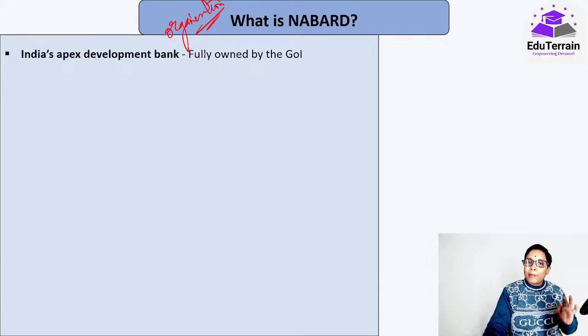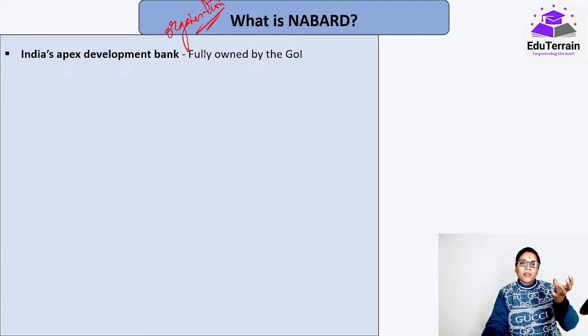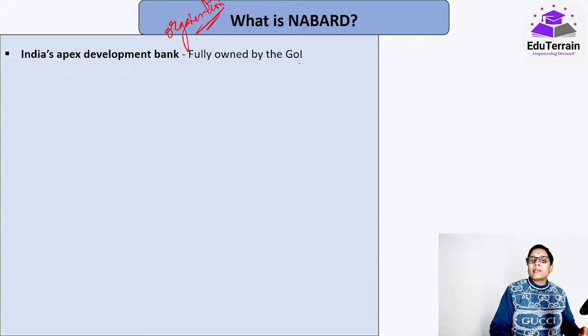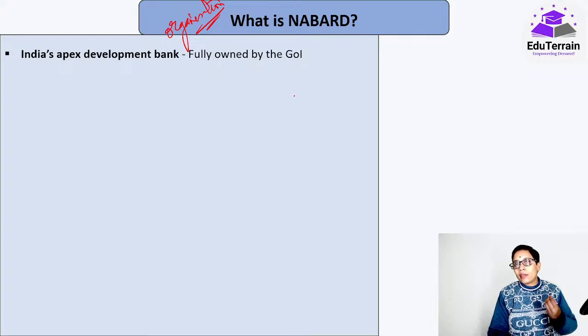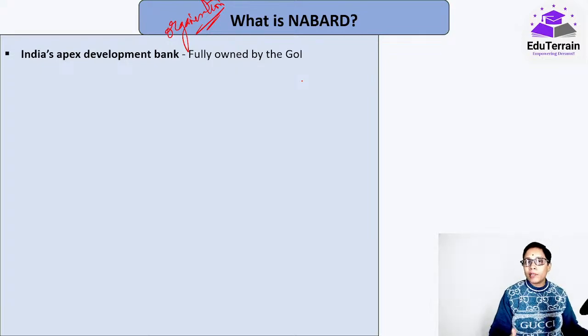It is India's apex development bank. Earlier it was in combination with RBI and the Government of India, but currently it is fully owned by the Government of India. At first, it was an agriculture division under RBI, the Agriculture Development Division. But after a few years, it was thought that there should be something carved out exclusively for rural development, based on the Shivaraman Committee.